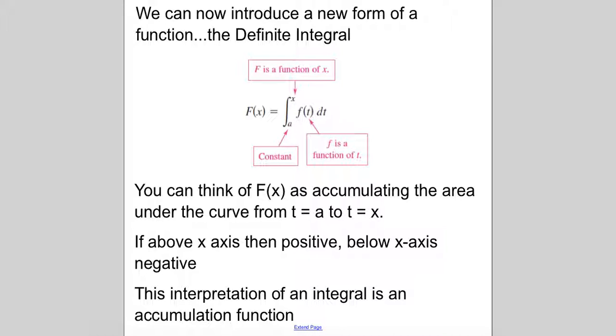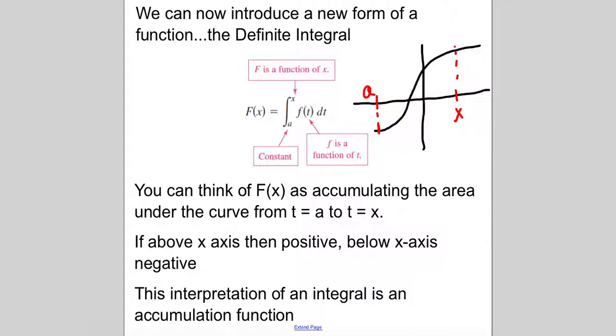And so if we remember from our definite integral, it's really just talking about the area under the curve. And so if I were to draw a function that looked like this, and we wanted to talk about F of x from a to some value x, right? So here's x.